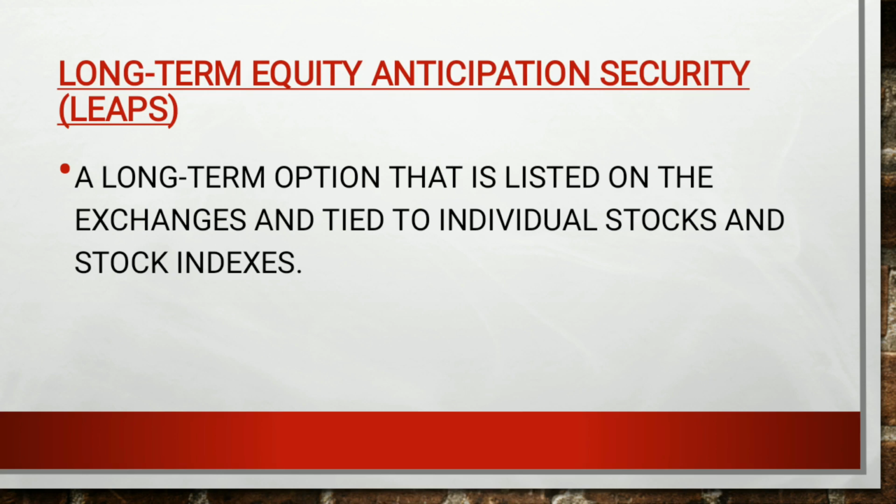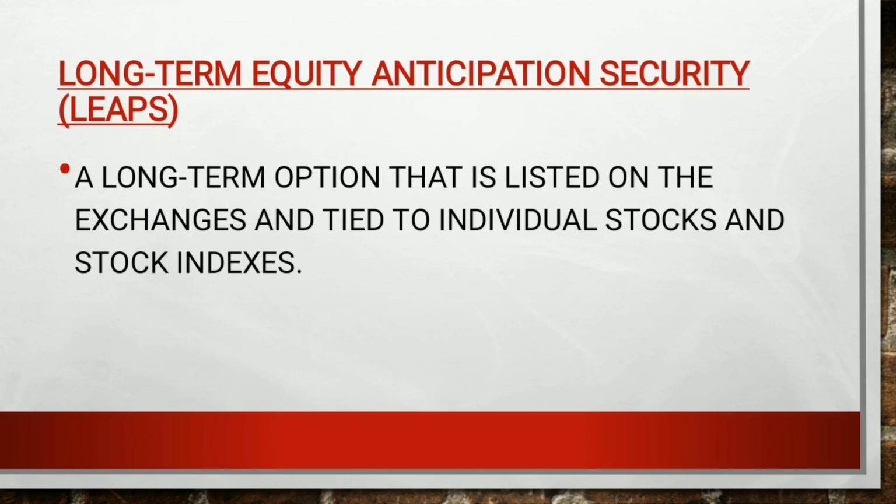The next, we have long-term equity anticipation security, or LEAPS. It is a long-term option that is listed on the exchanges and tied to individual stocks and stock indexes. The major difference is that LEAPS options are long-term options having maturities of up to 3 years, unlike conventional options that are generally written for 9 months or less.